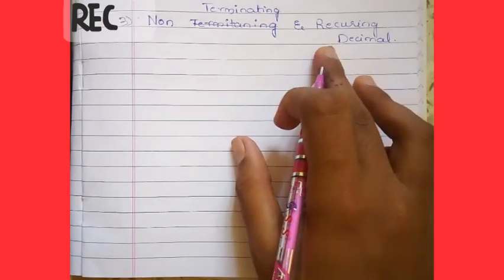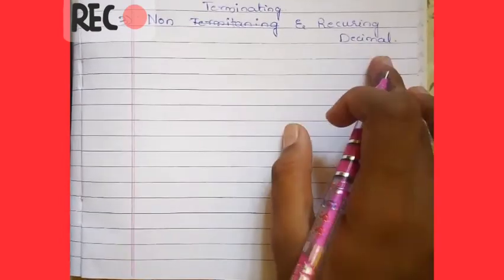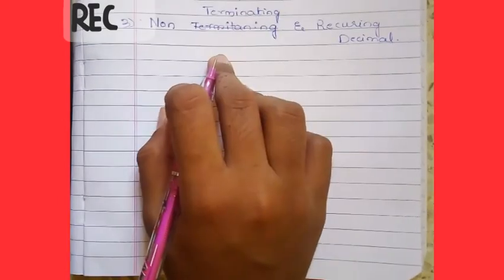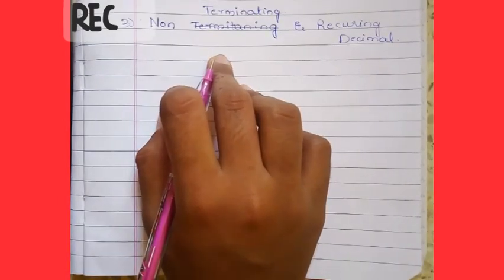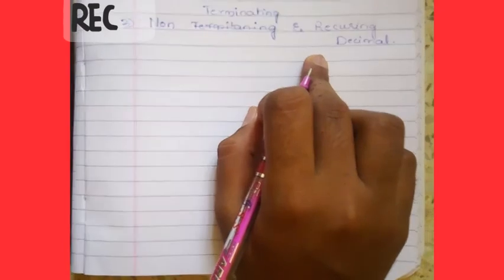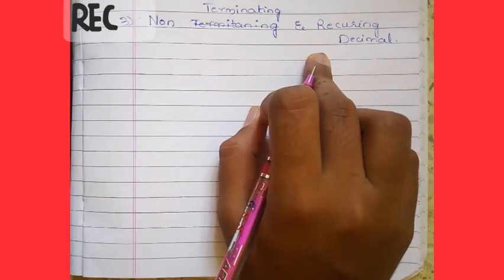Non-terminating and recurring decimals. Non-terminating means infinite numbers after the decimal point, and recurring decimals means the repetition of the numbers after the decimal point.